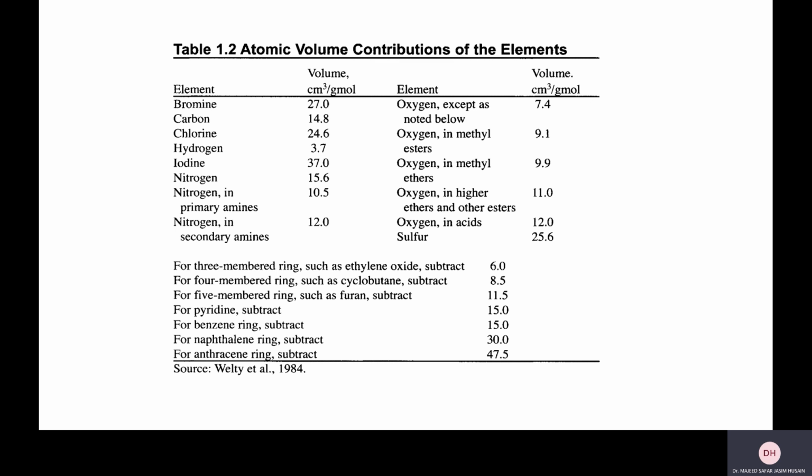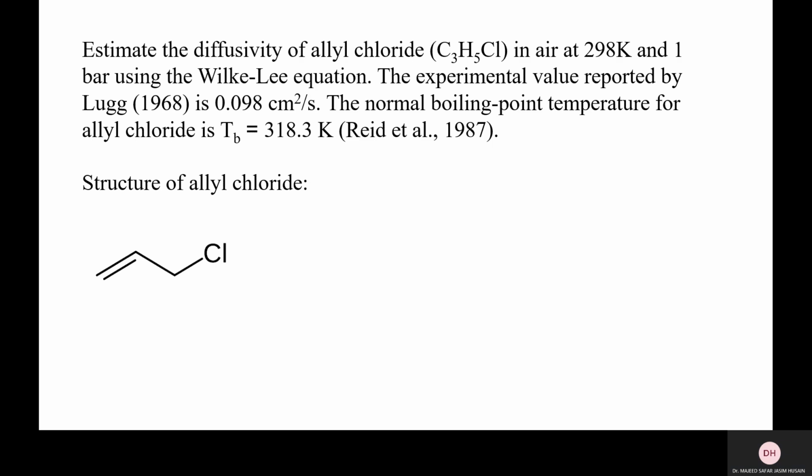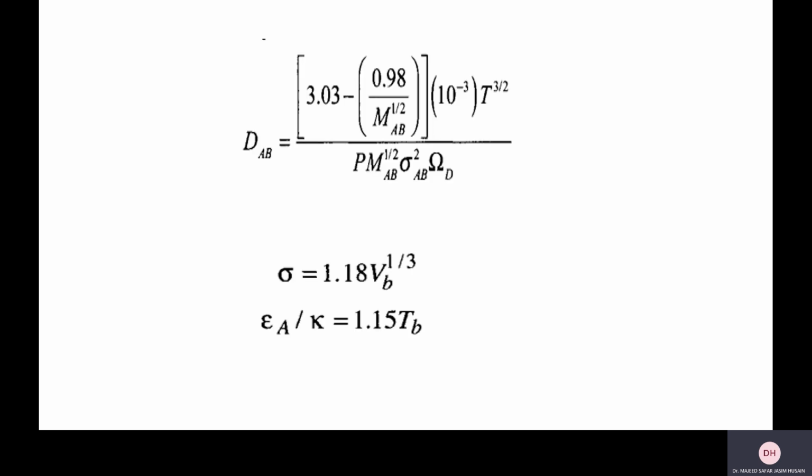To find that VB, you have to use table 1.2, which is the atomic value contribution of the elements, based on the composition of your compound. So we said allyl chloride is C3H5Cl: 3 carbons, 5 hydrogens, and 1 chlorine.